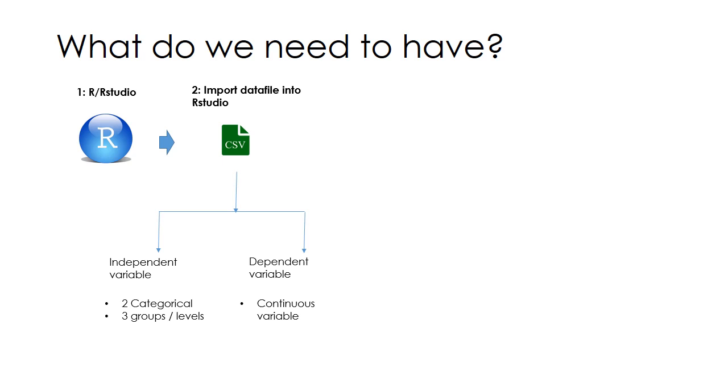Then you have another variable, the dependent or outcome variable, which should be at the continuous level of measurement.